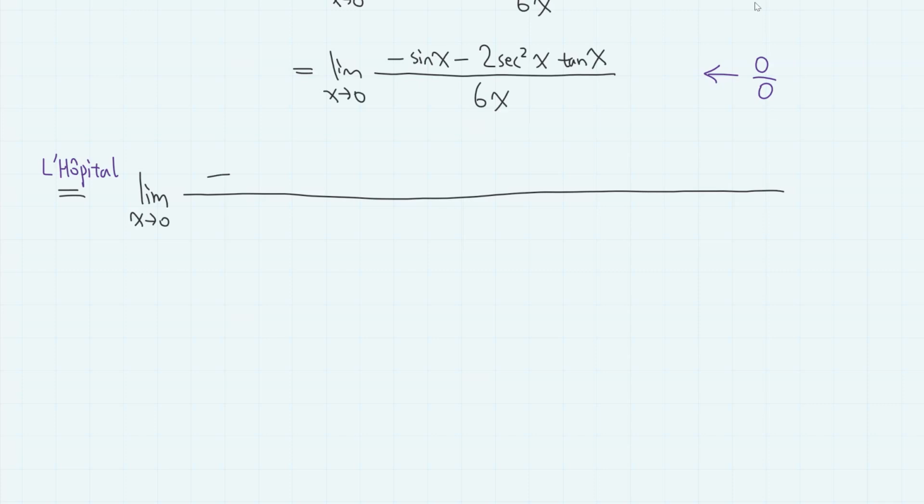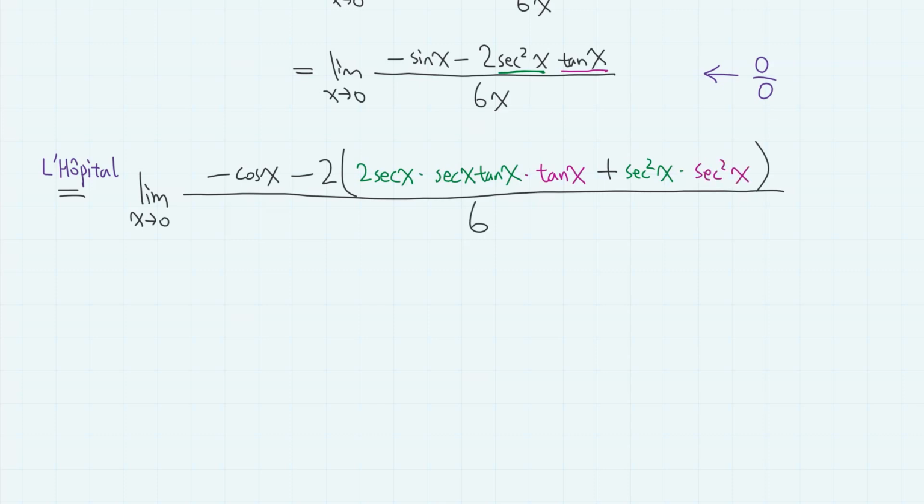So in the numerator, we have minus cosine x, and for the derivative of secant squared x tangent x, we use the product rule. So first, the derivative of secant squared x, which is 2 secant x times the derivative of secant x tangent x, then this remaining tangent x. Next, secant squared x times the derivative of tangent x, which is secant squared x, and the denominator becomes 6.